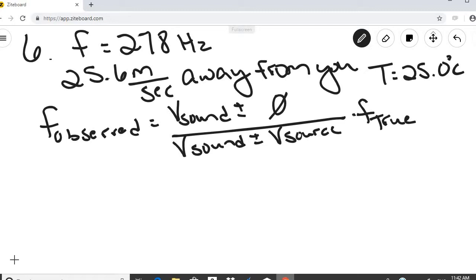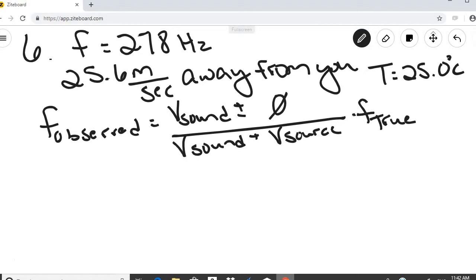We're going to add it, because if we have a bigger number on the denominator, that's going to lead to a lower frequency. So we're going to add the velocity of the source to the velocity of the sound.